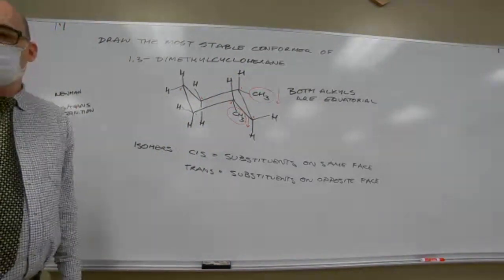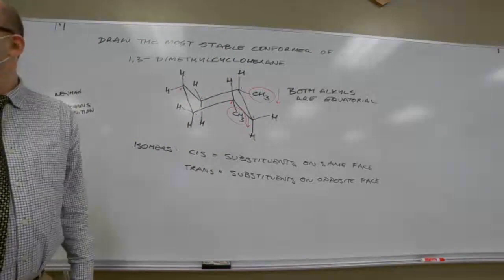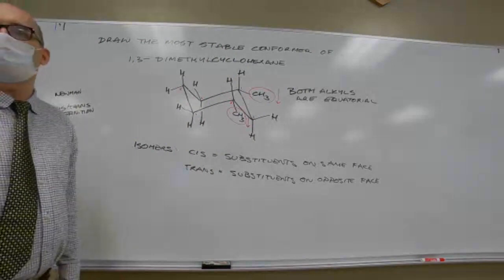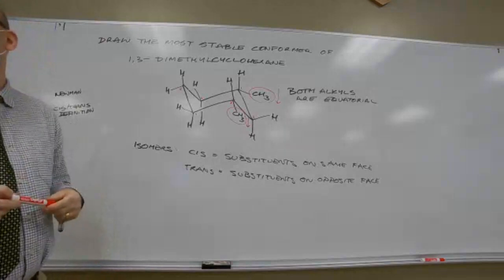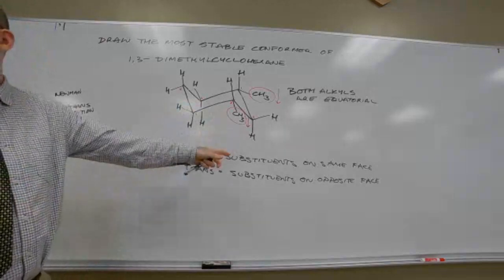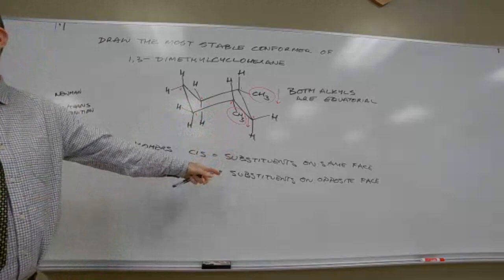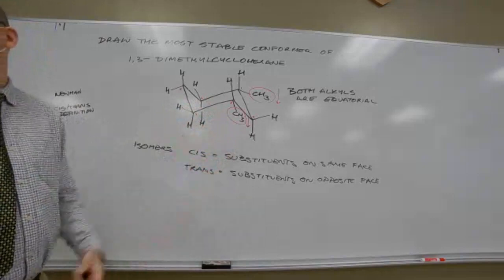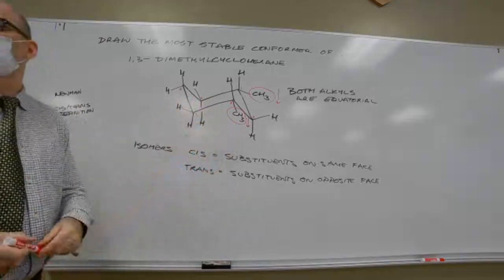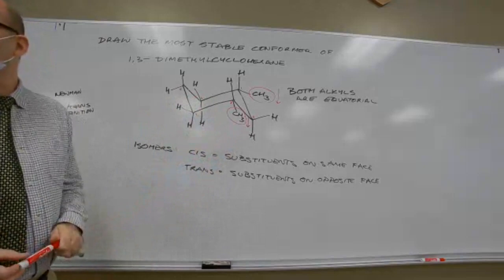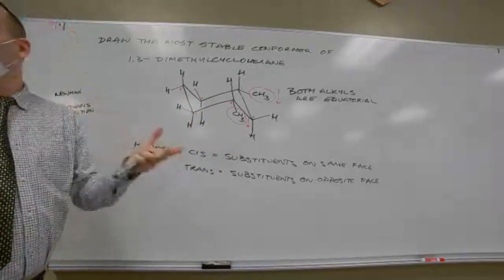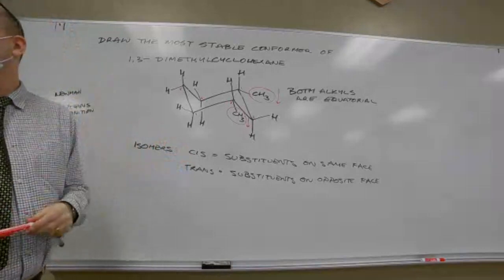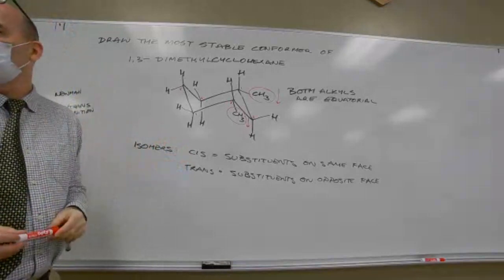Marcella asks a very, very important question. Is cis more stable than trans? And the answer is, it depends. The previous best answer was trans. This best answer is cis. Maybe the next one, well, there's only two possible answers, is one of the others.